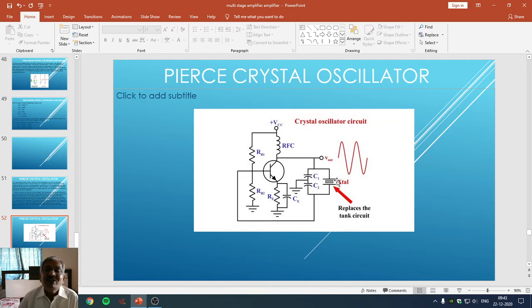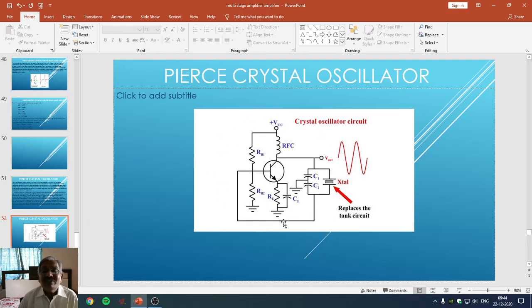But for our case, we are considering the crystal to behave as an inductance in the Colpitts oscillator, and the resulting circuitry we call the crystal oscillator. Thus we are using the property of the piezoelectric crystal as an inductance to generate the resonating frequency by satisfying almost all the conditions of the oscillator.